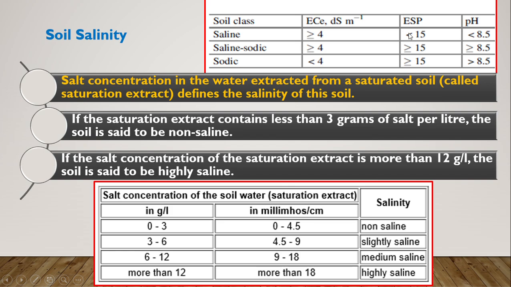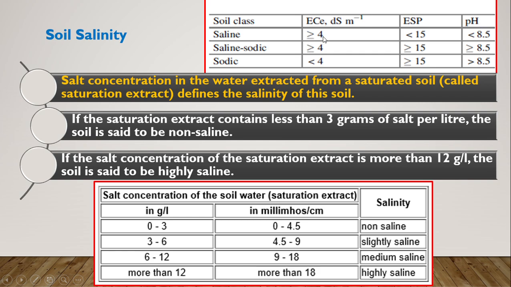When it is less than 15 and pH is less than 8.5. pH represents the acidity of the soil. ESP represents the alkalinity of the soil, the alkaline presence of the soil. EC is the electrical conductivity of the saturation extract. So this shows the salinity of the soil. So salinity, alkalinity and acidity.